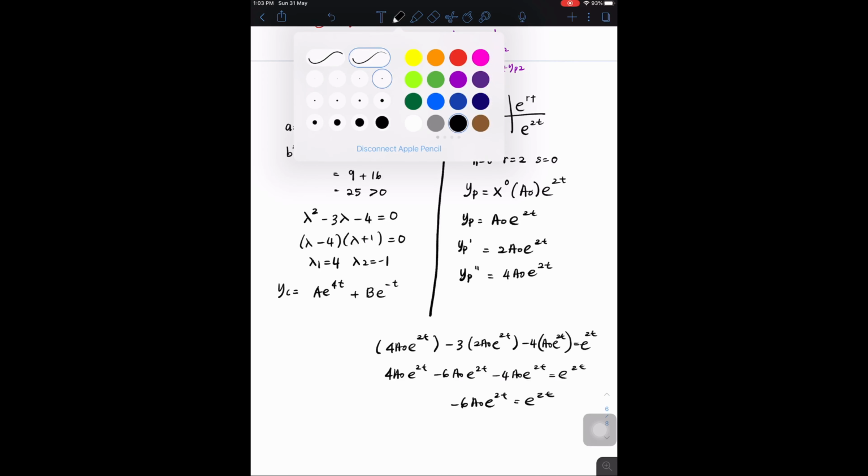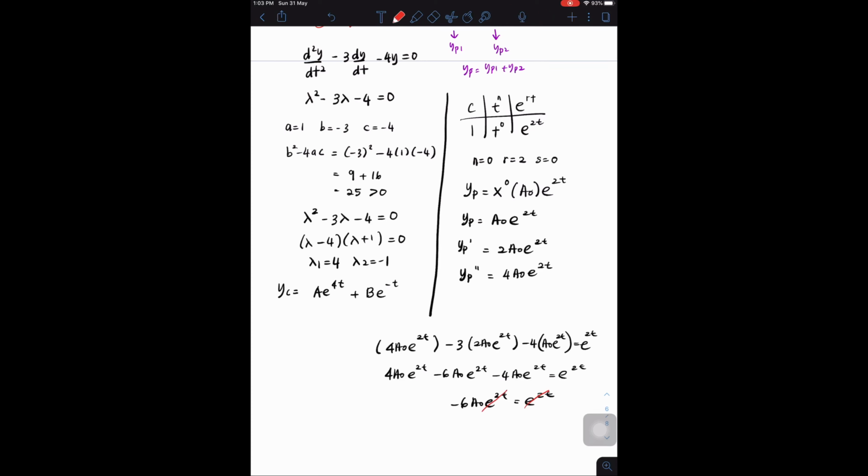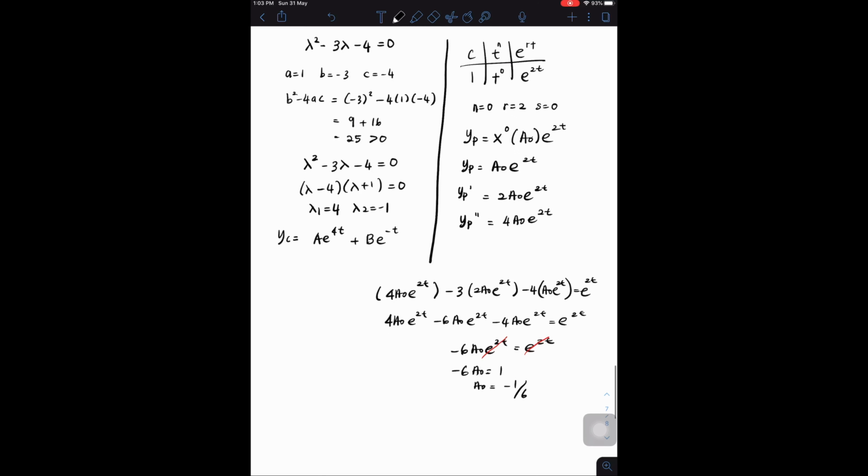You can cancel out e to the t on both sides, so you are left with negative 6 a naught equal to 1. So your a naught equals negative 1 over 6. Now that you have your a naught, your first yp is negative 1 over 6 e to the t. Don't forget that you have two yp because you have two f(x).